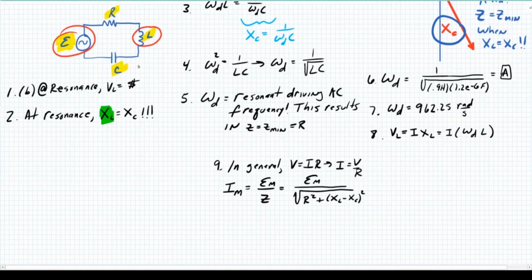But aha. There's a huge aha here. Number 10. At resonance, XL equals XC. So you have this impedance matching. You have the impedance of the inductor matching the impedance of the capacitor.